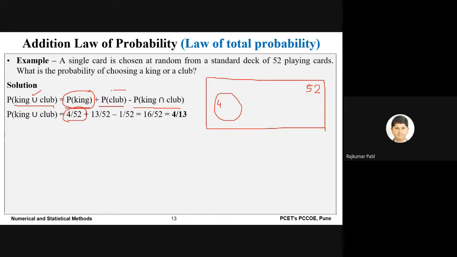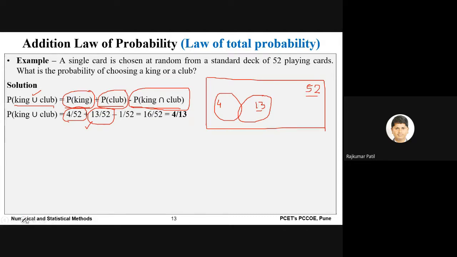Now when I say probability of getting club, how many club cards will be there? 13. So probability of getting club is 13 divided by 52, 13 club cards divided by total number of cards. So this is the probability of getting a club card, minus the overlapping area here. You can see carefully in the figure.